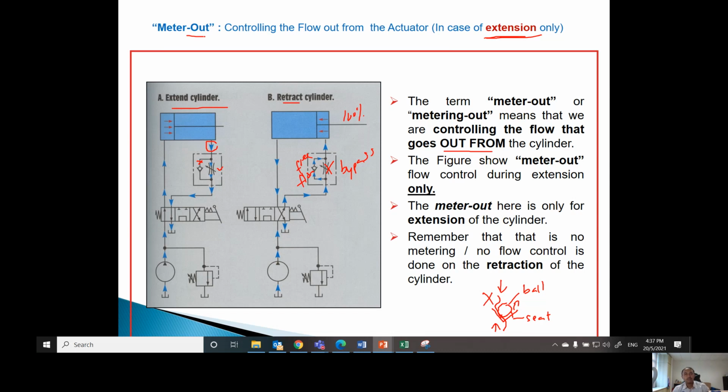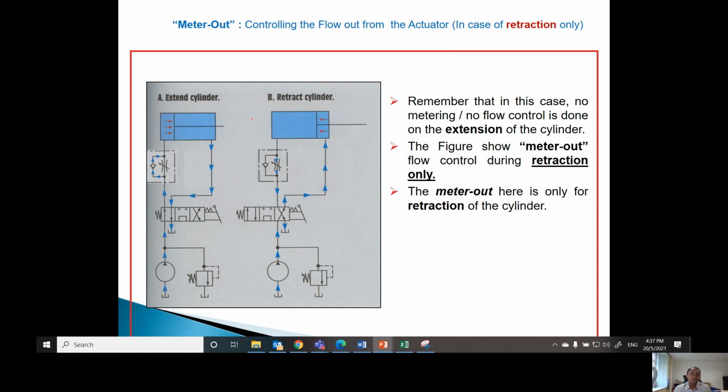And how can we achieve meter out during retraction only? So we move to this one-way FCV connected to the blank end. We want to see that only during retraction. So retract, which is this. Let's look at this. Retract, so the DCV is in this position. Retract means the flow has to go into the rod end and leave the blank end.